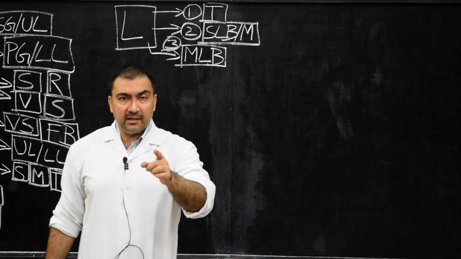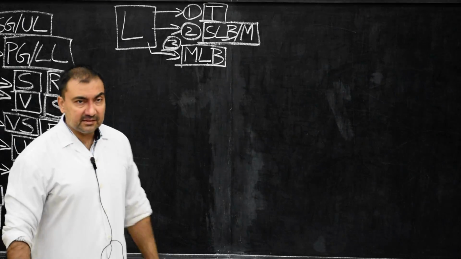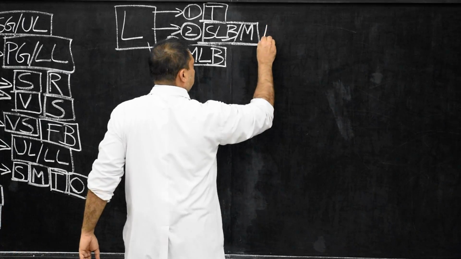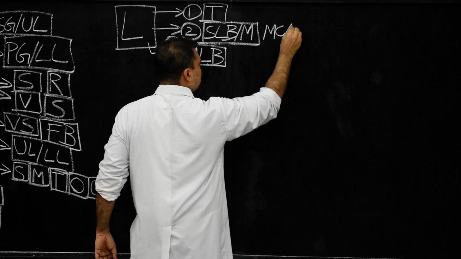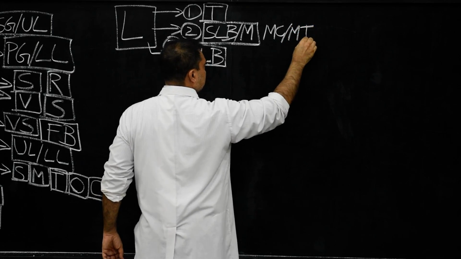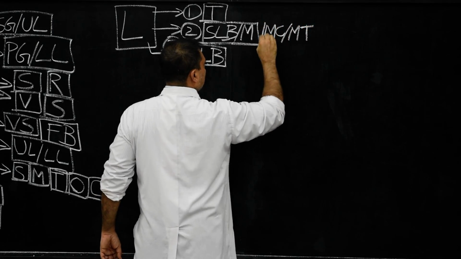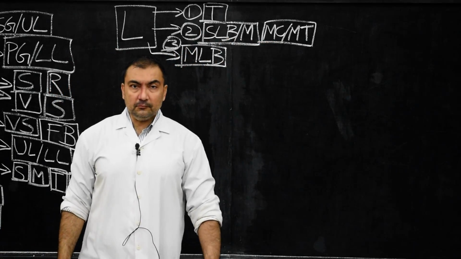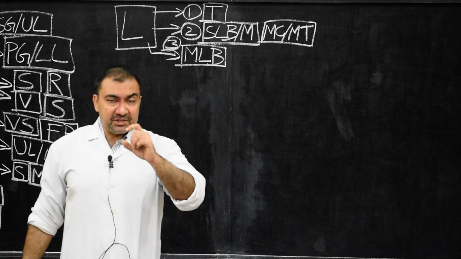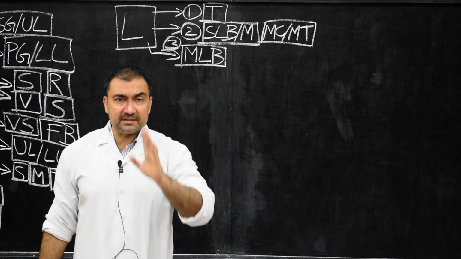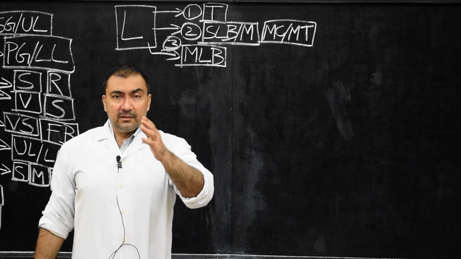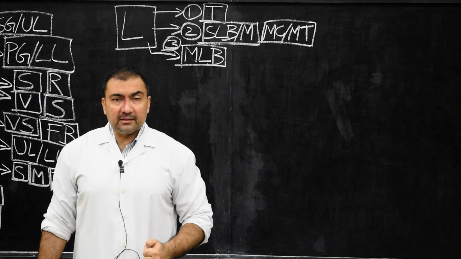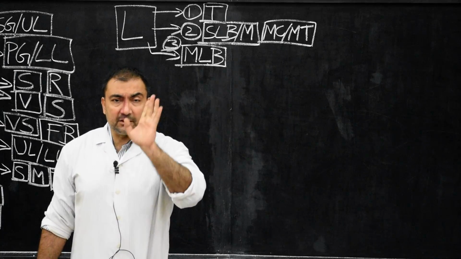Very interesting, they are metacarpals and metatarsals. So all the metacarpals and metatarsals belong to this category, short long bones. Now here, one question which is very frequently asked in MCQs: all the metacarpals and metatarsals have only 1 center of ossification.